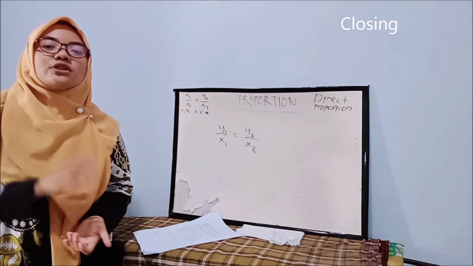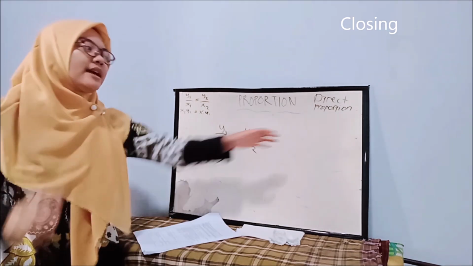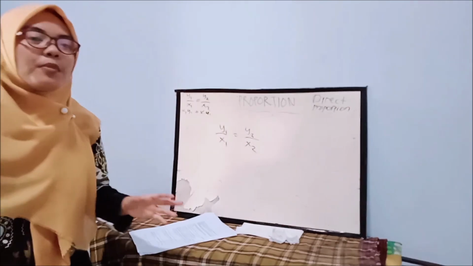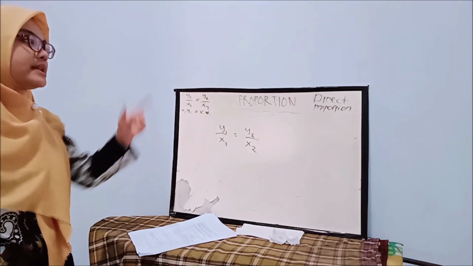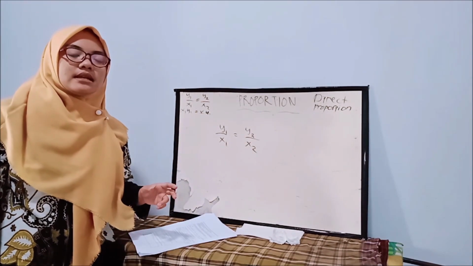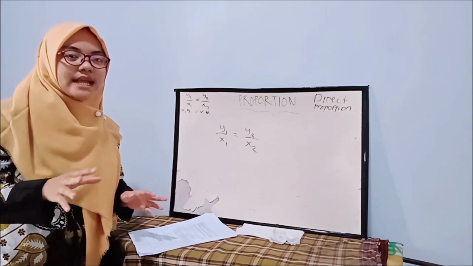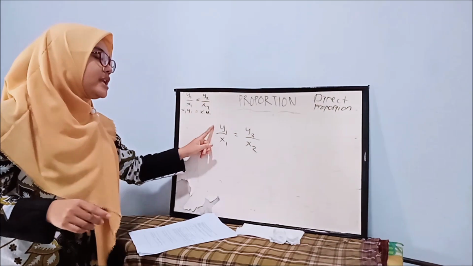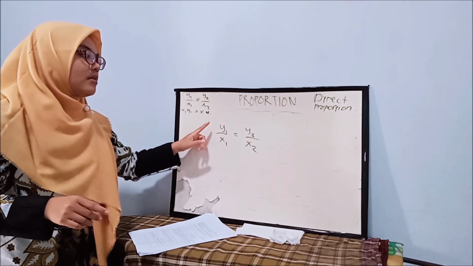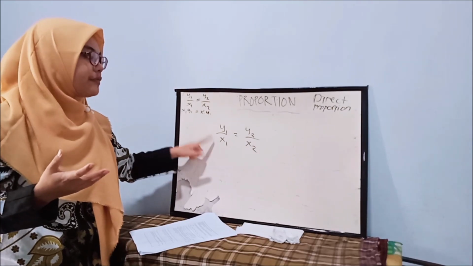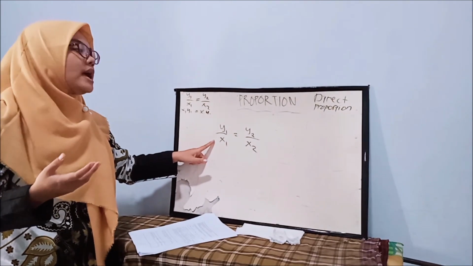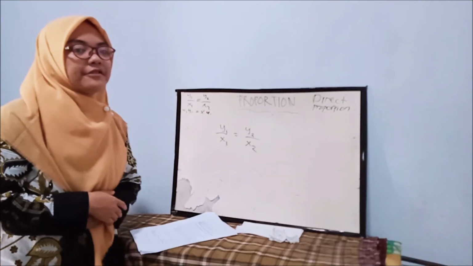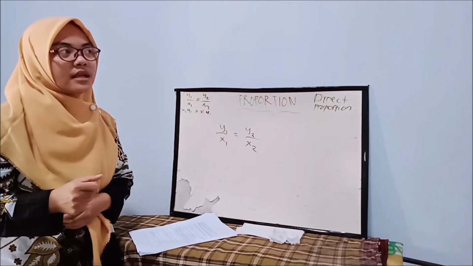I will conclude this material about direct proportion. The graph of a direct proportion is a straight line. If the value of y is increased, the value of x will increase also, and a direct proportion has the same ratio.